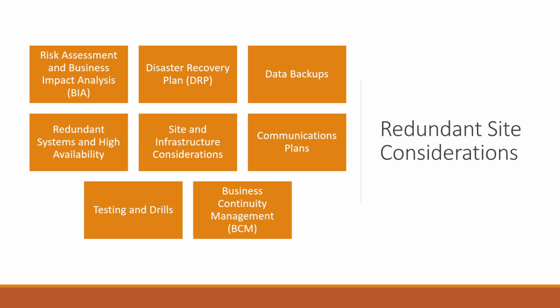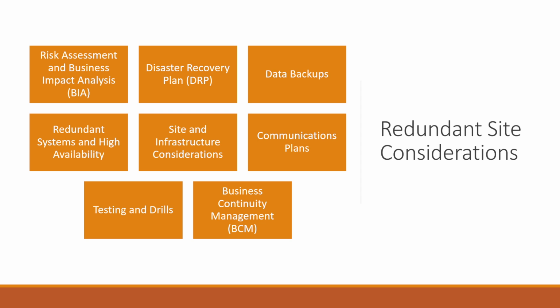And then we should test these things. If we don't test them and have drills, there's no way for us to know how well we are planning. Which brings us to the final piece, Business Continuity Management, BCM, to help us continuously monitor for threats and update the plan.